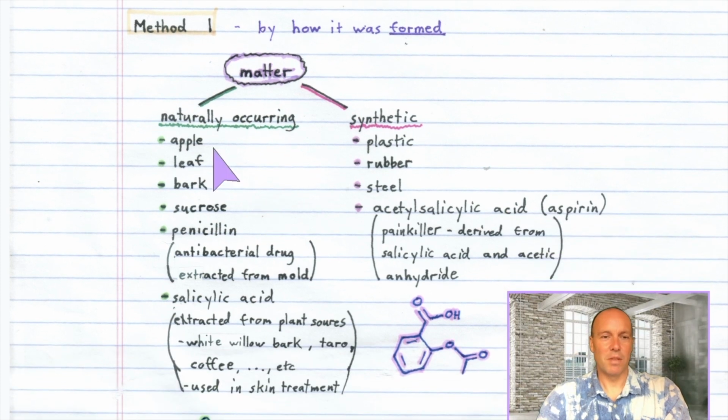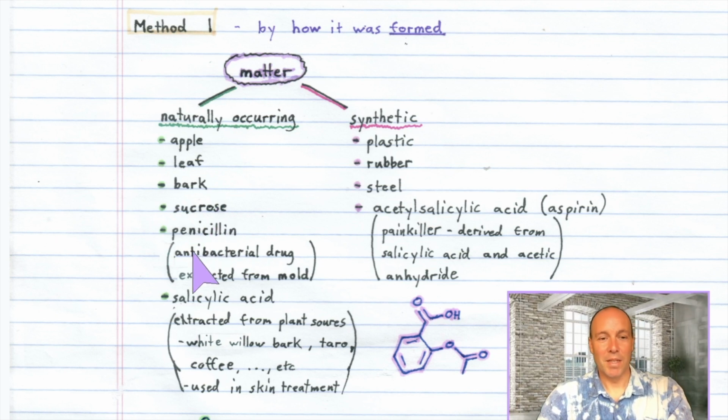Here are some examples of some naturally occurring material. An apple, a leaf, a piece of bark, sucrose. That's actually table sugar, and you find sucrose in lots of fruits and vegetables and sugar cane like we have here in Hawaii. So sucrose is all over the place. It grows naturally.